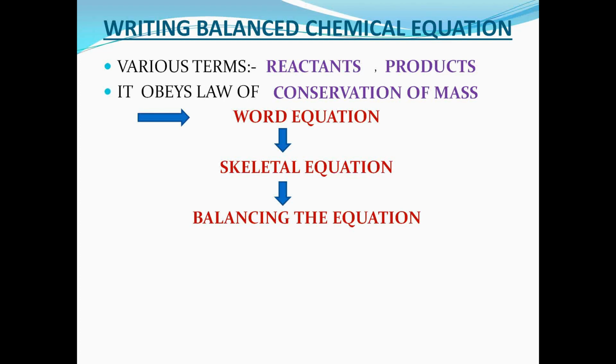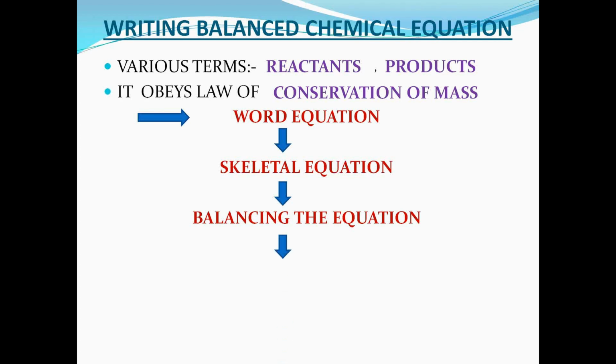We cannot multiply the reactant or product by any decimal number, any irrational number. We can only multiply the reactant and product formulae by only and only natural numbers. Also, we cannot change the formula of the reactants and products.